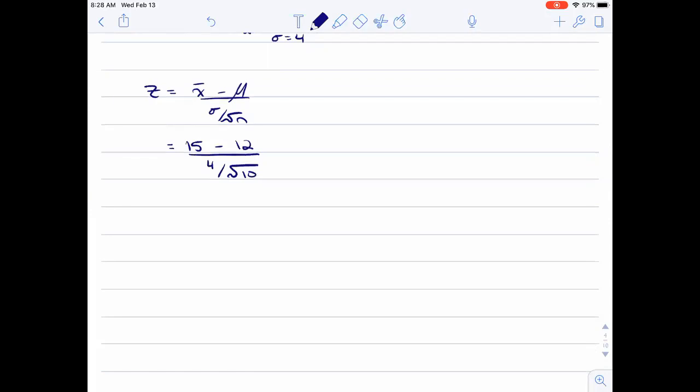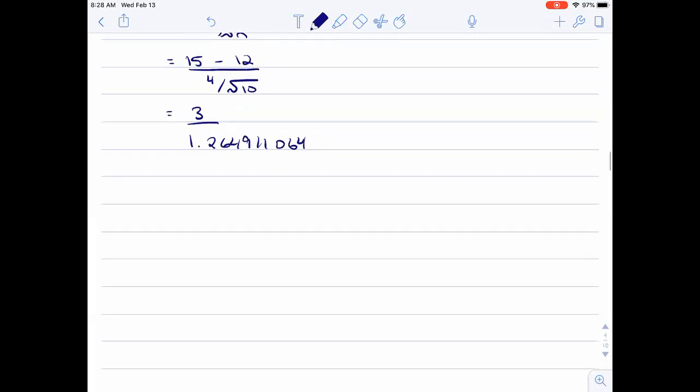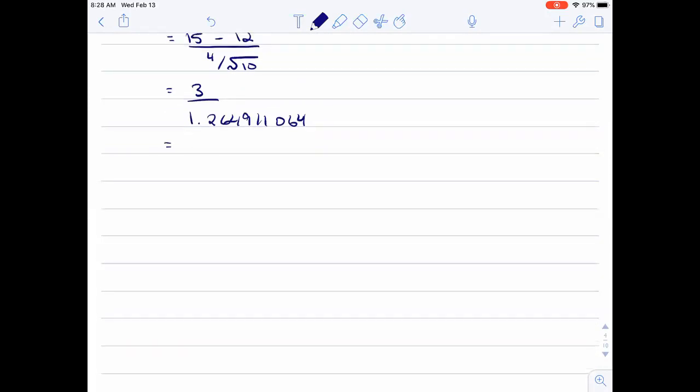So we've got 15 minus 12, okay. 3 over 10 square rooted. Let's make sure I key this in right. Times 4. I get 3 over 1.264911064. Maybe someone check my work. So overall, I get 2.37170824.